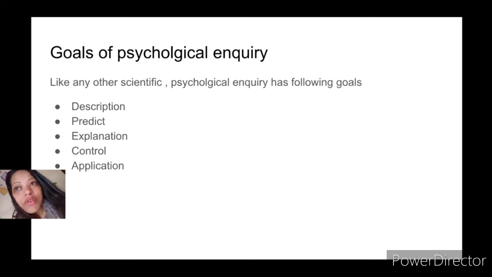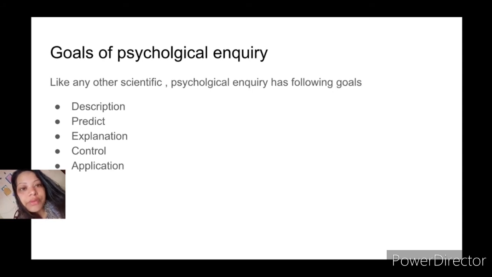So prediction of behavior is important, and predicting behavior can also sometimes be helpful in modifying or controlling behavior, right?